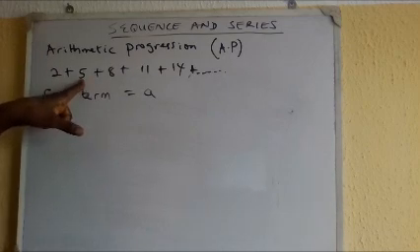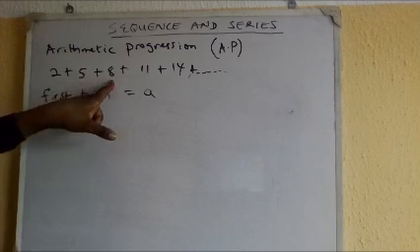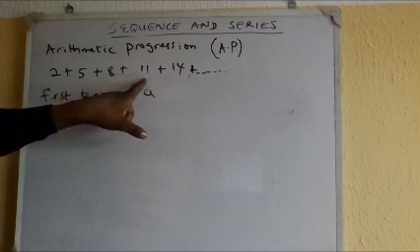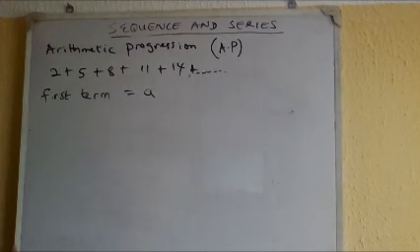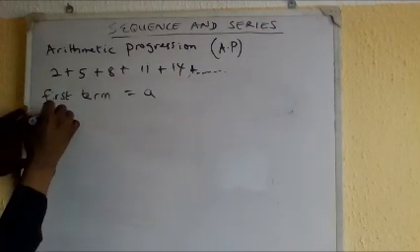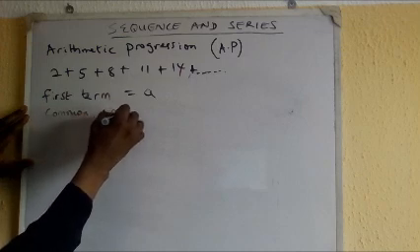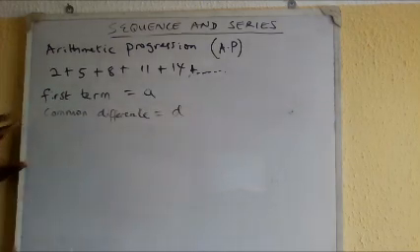If I add 3 again to this 5, I get 8. If I add 3 to 8, I get 11. If I add 3 to 11, I get 14. Now, this 3 I'm adding is very constant. It's what we call the common difference, and we denote the common difference with the letter D.